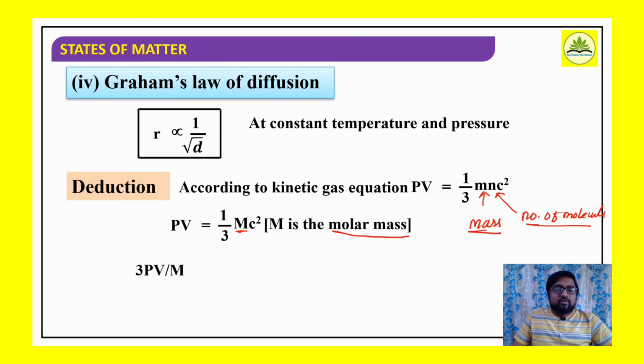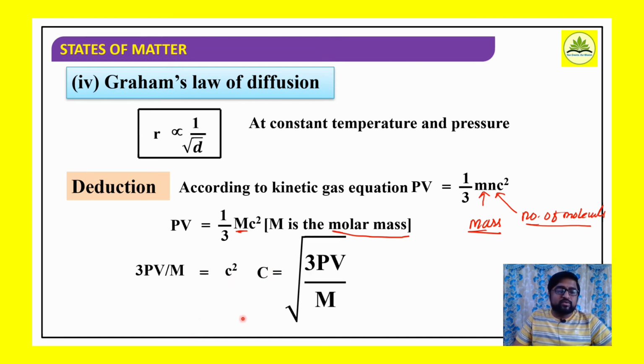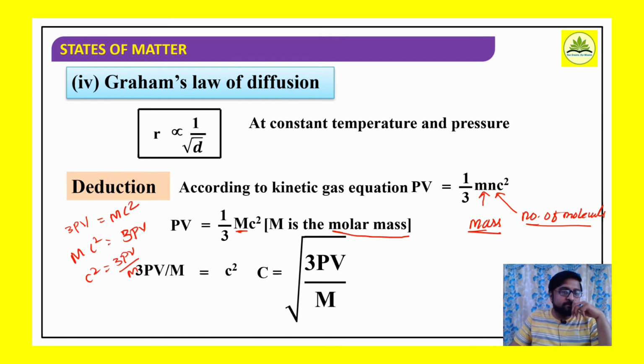So PV is equal to 1/3 Mc². Taking the 3 to the other side, 3PV is equal to Mc², or c² is equal to 3PV divided by M, or c is equal to the square root of 3PV divided by M. So what is c here?